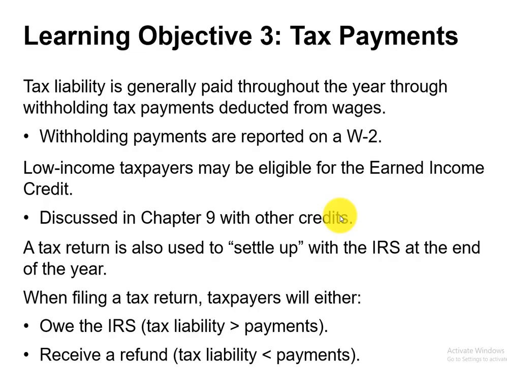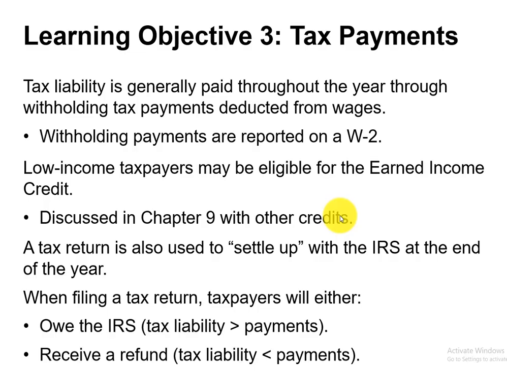But at the end of the year, you know for sure how much income you had, so you can calculate fairly exactly how much tax you should have paid. The tax return simply compares what you should have paid to what you did pay, and you're going to have to make up the difference one way or the other. You're either going to get something back because you paid too much, or you're going to have to pay more with your tax return.